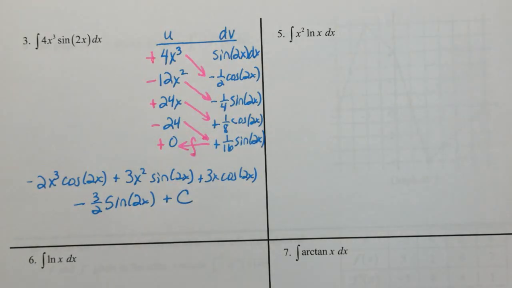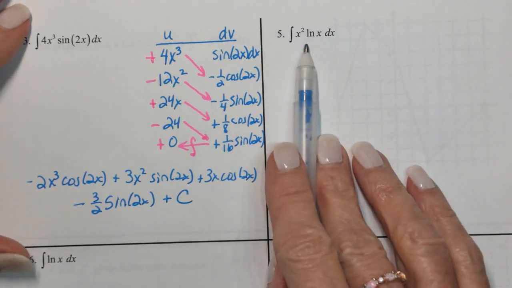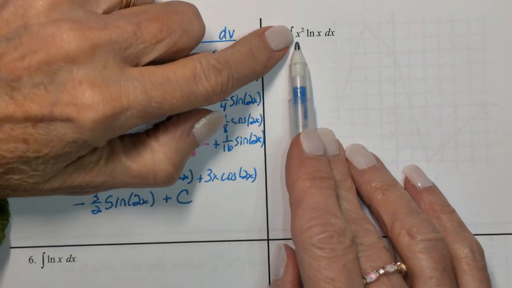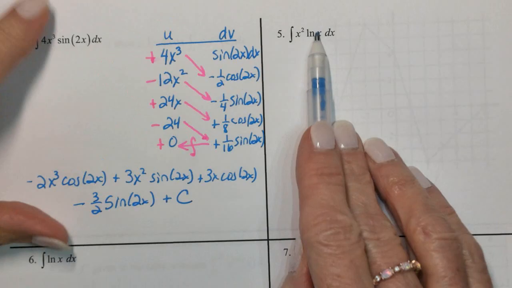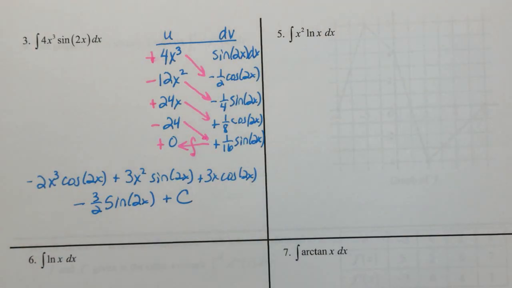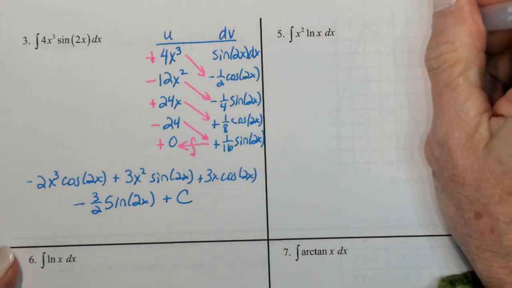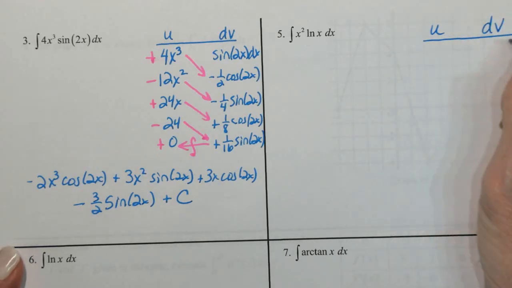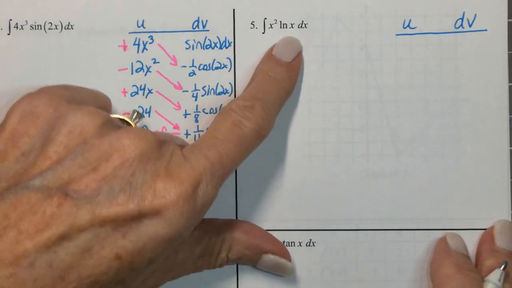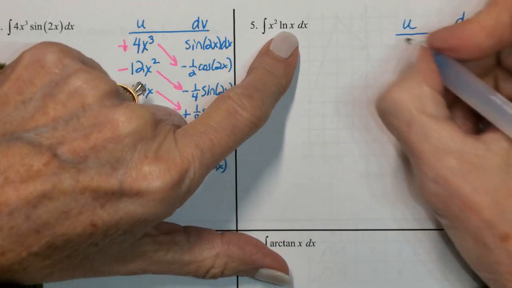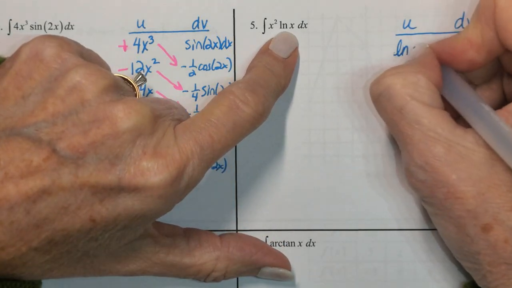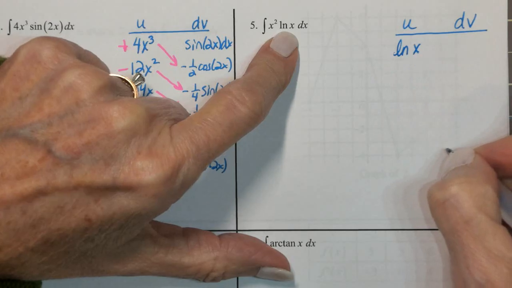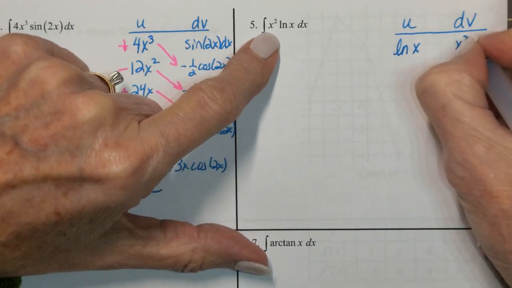Alrighty, next up, number 5. x squared ln x. Algebraic, transcendental, linear argument, so by parts, u and dv. This time we have an ln. We have a log, so that's going to be our u. dv is everything else.